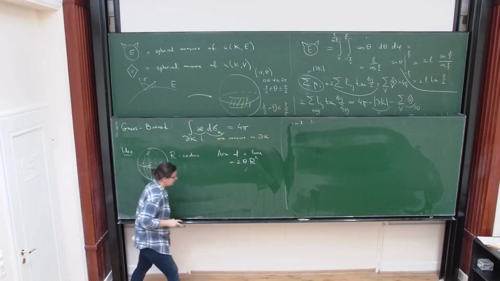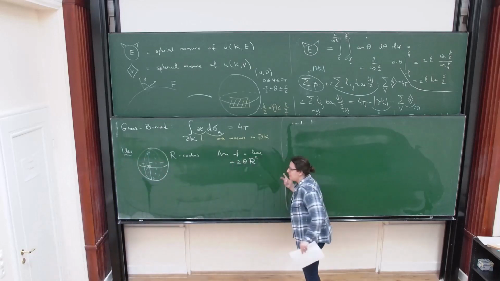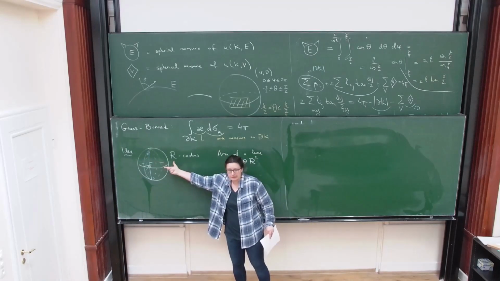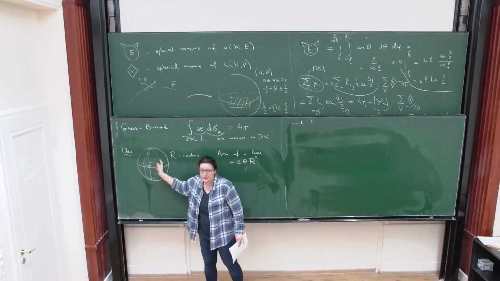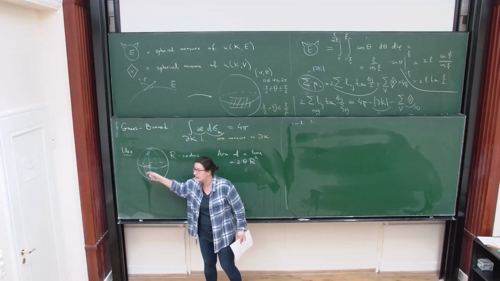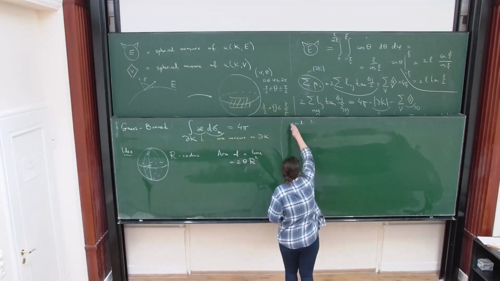Now I can change the picture a bit. Instead of looking at the balloon, I'm going to look at the triangle in the sphere. So I'm going to find the intersection of three big circles instead of two.